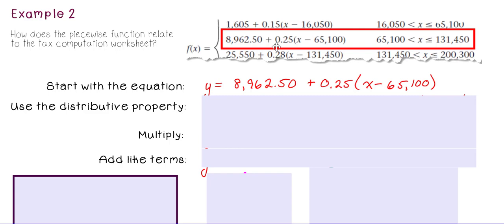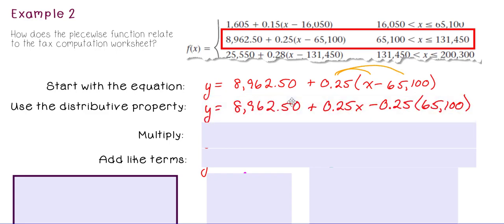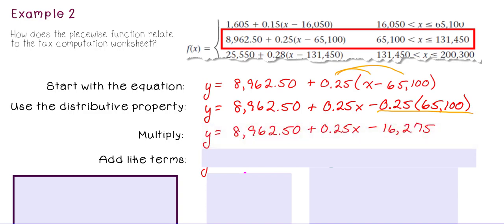Then we're going to use the distributive property to distribute the 0.25 into our equation. We'll then multiply to simplify, and then we would add our like terms.